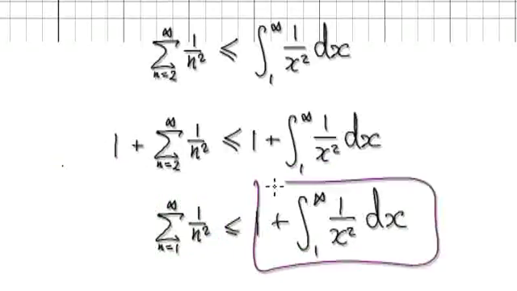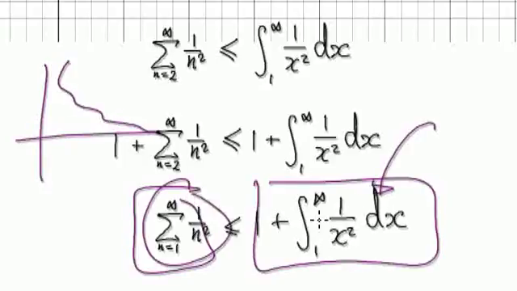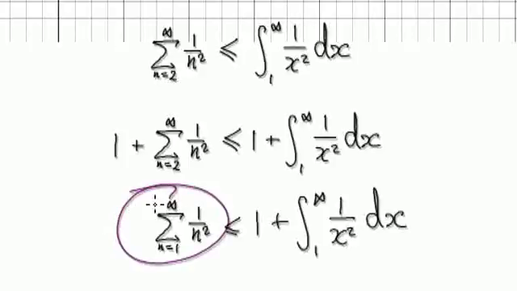Now let's start again. This thing here is greater than this. If this thing here is greater and it converges, then this being less than this will also have to converge. So this thing must converge.